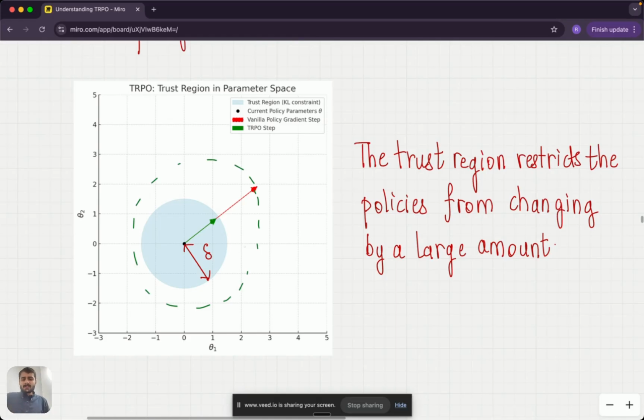So now what we have is an original objective function that we want to maximize, but we cannot estimate that because we do not know the distribution of the states under the new policy. So we construct a surrogate objective which always remains less than the true objective function, and we maximize that surrogate objective function at every single step, and we move towards better and better policies. So you will see me using the word surrogate objective more in the subsequent lectures. I want you to refer to this understanding when I say that.